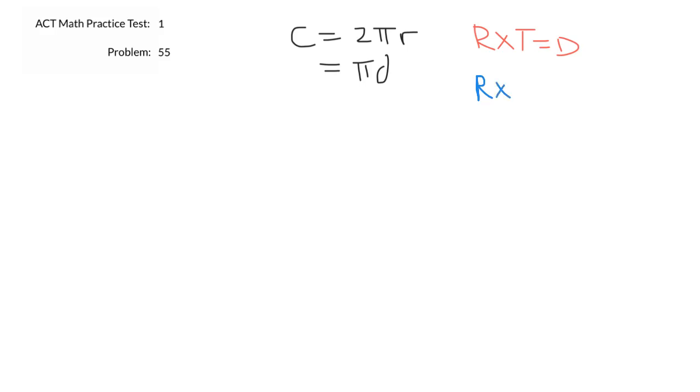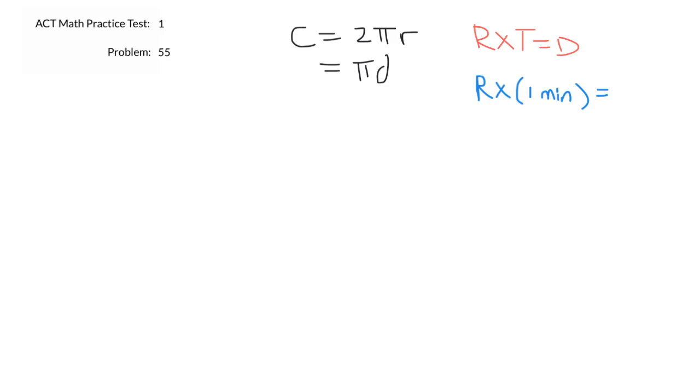And the time that he traveled was 1 minute. So I'm just going to write 1 min. But what is the distance he traveled? Well, the distance he traveled was 200 revolutions.